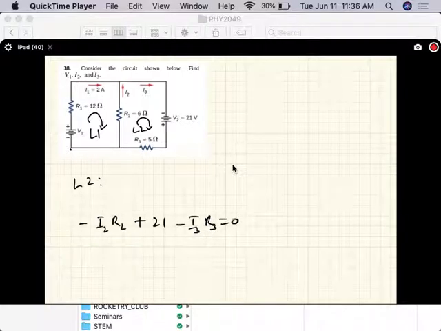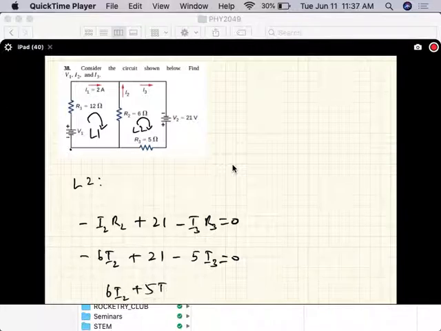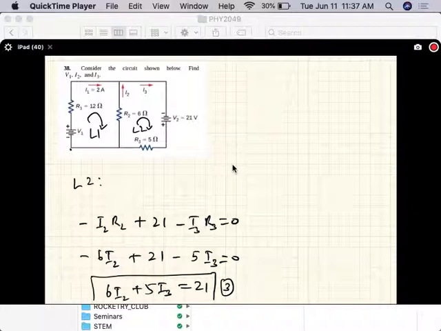R2 is 6 ohms, so minus 6 I2 plus 21 minus 5 I3 should equal 0. So 6 I2 plus 5 I3 is equal to 21. There is the third equation.